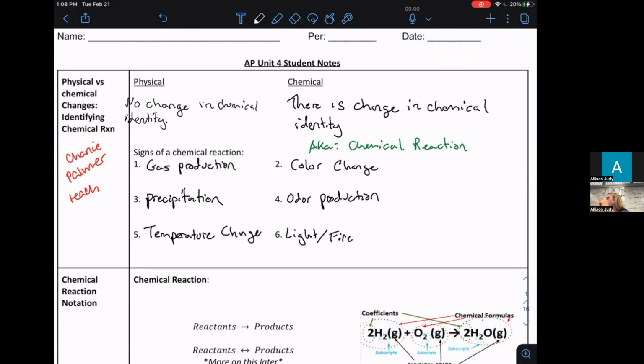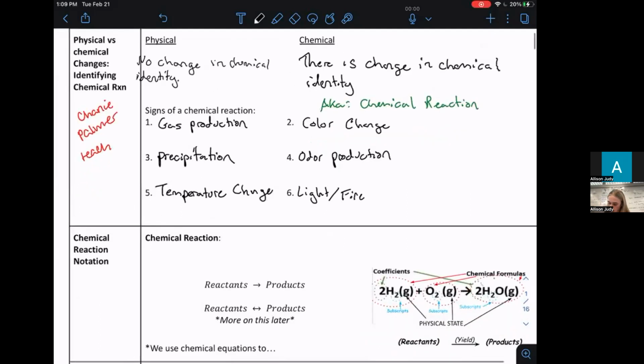That is fundamentally what the water is made of. And so when you change the chemical identity, you're changing what the molecules of the substance actually are. So if you had H2O plus O and then you got H2O2 or whatever, then you've changed the chemical identity. It's no longer H2O, it's H2O2, or hydrogen peroxide.